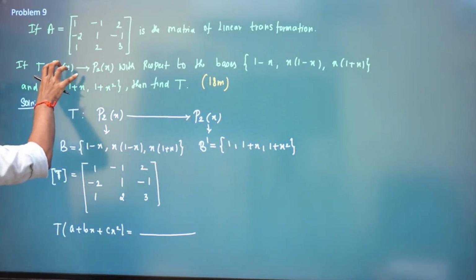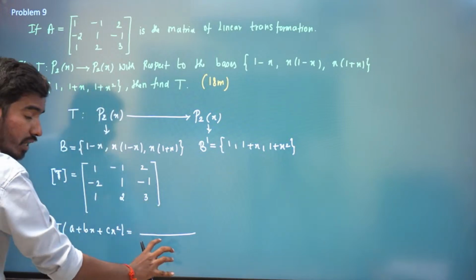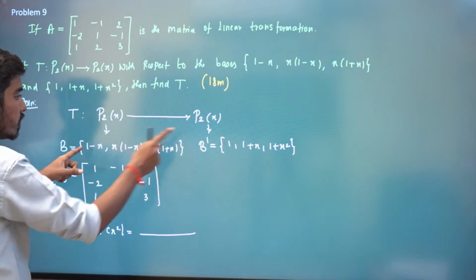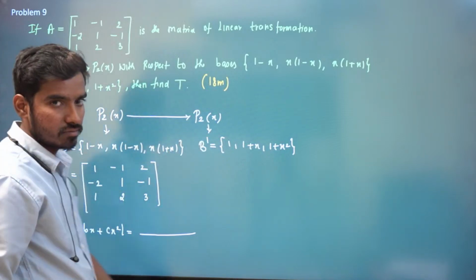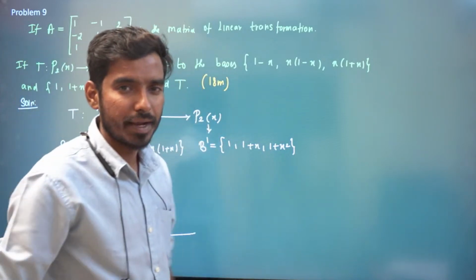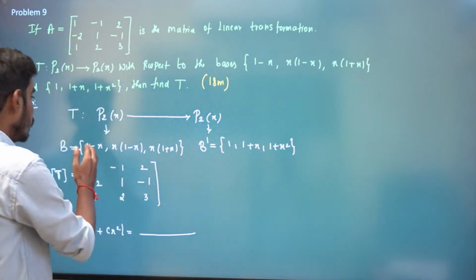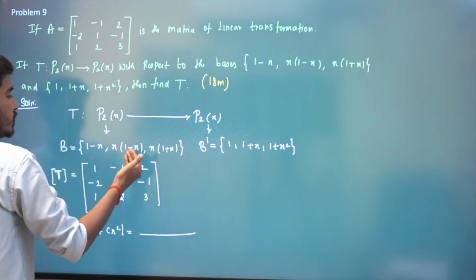You give any polynomial in P2, you tell me a map such that it takes this basis vector to this matrix. You find a map which takes 1 minus x to 1, x into 1 minus x.